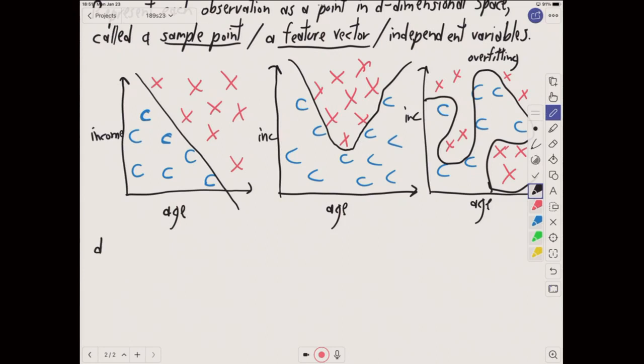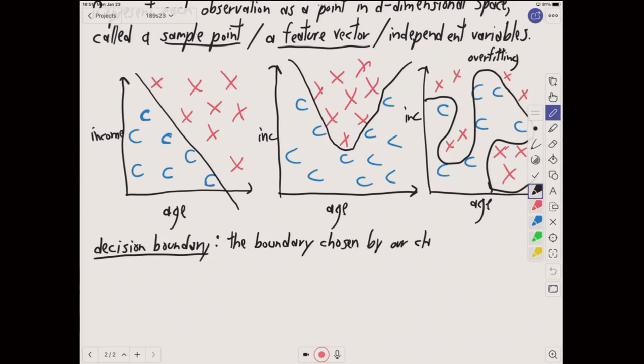So just a reminder, I defined decision boundary last class, and it is the boundary chosen by our classifier for the sake of prediction. And it separates items that are in the class from those that are not.